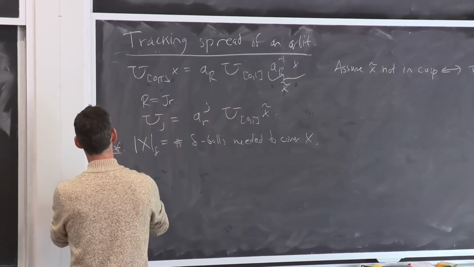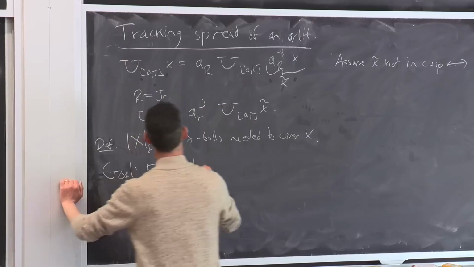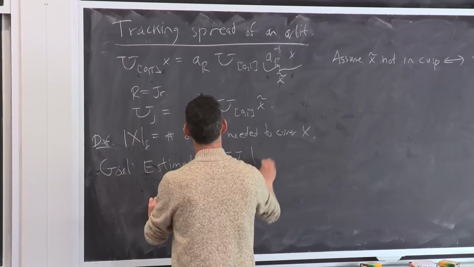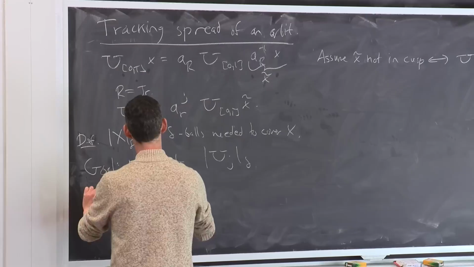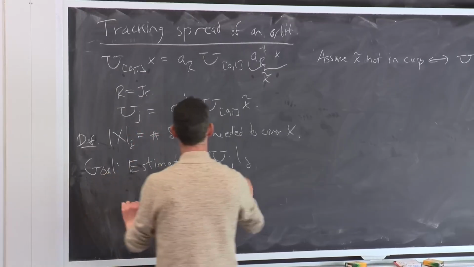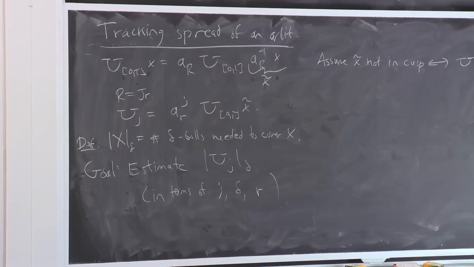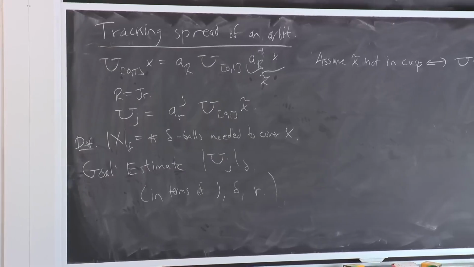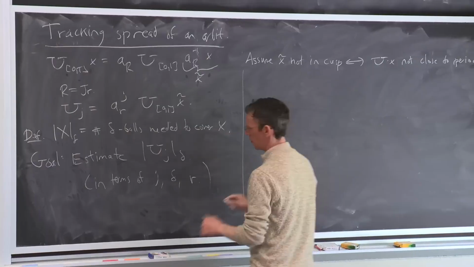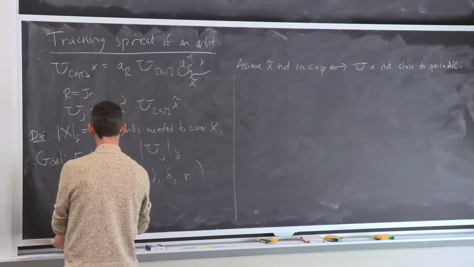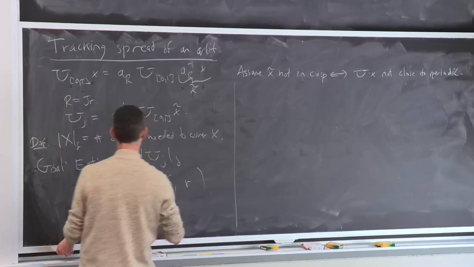And so our goal is going to be to estimate uj delta in terms of j, delta, and r. OK. And for context, for reference, we have a three-dimensional space. So for the whole space, the number of delta balls that we need to cover it is delta to the minus 3.